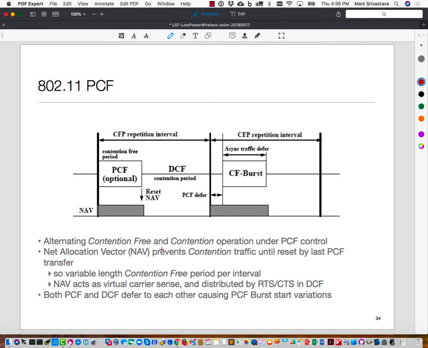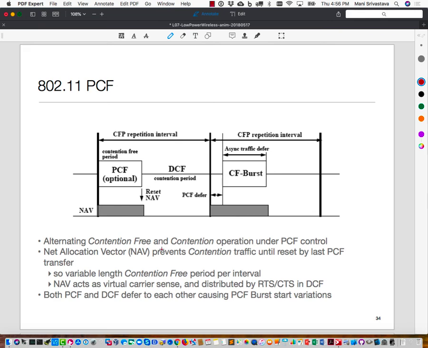So the idea is that devices which need to send traffic in a very controlled, periodic manner, or you want to optimize your power, you want to operate the network in this manner. So again, some sort of a repetition interval, and then within the repetition interval, there is a period at the beginning, which is this PCF part, point coordination function, and then the remaining part is DCF.